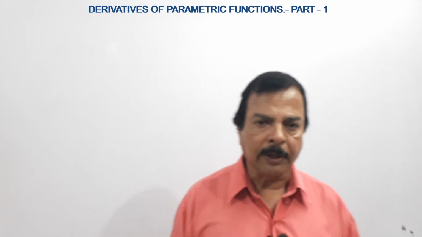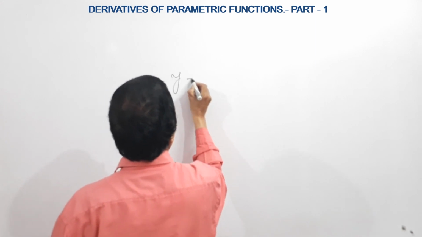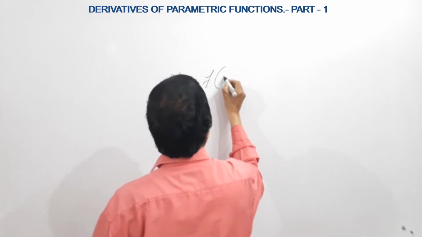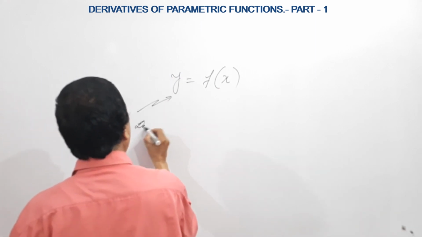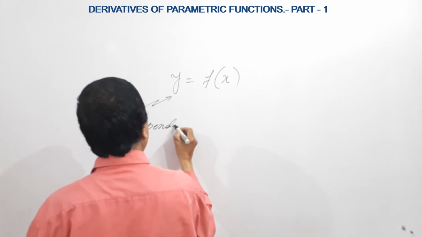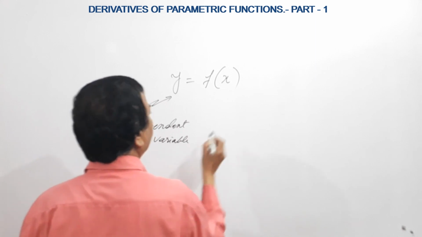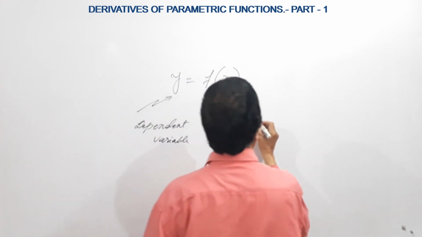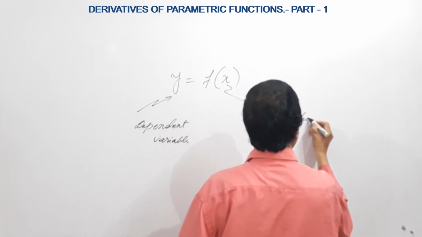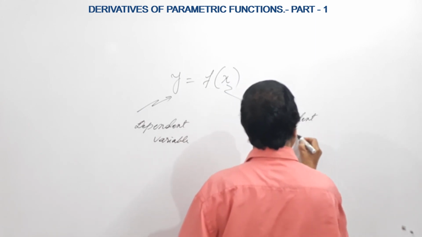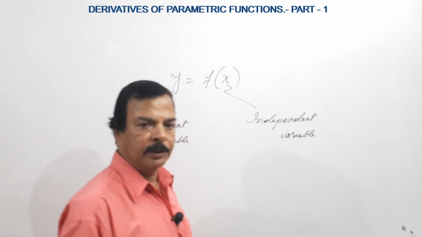If you remember, I had taught you y equals f of x. Here I told you y is a dependent variable, and x is an independent variable, and f is a function.